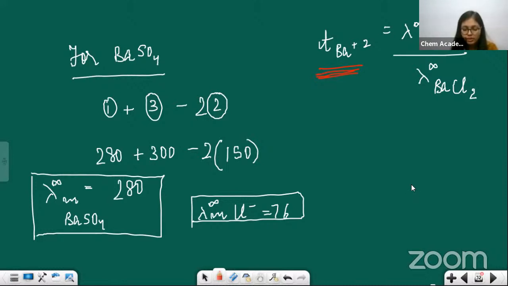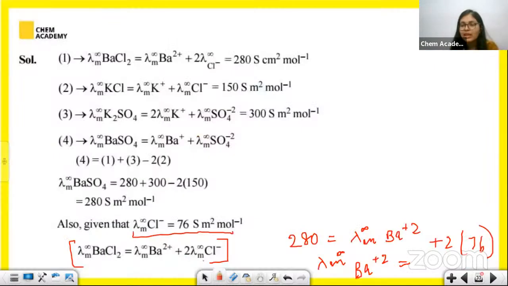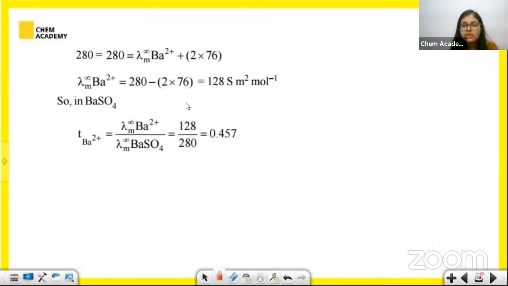I hope you got it. There was some confusion. We did not have to calculate it with respect to BaSO4, but with respect to BaCl2. Now finally putting in all the values, BaSO4 we had already calculated, and from here we have calculated the transport number of Ba plus 2, which is coming out to be 0.457.